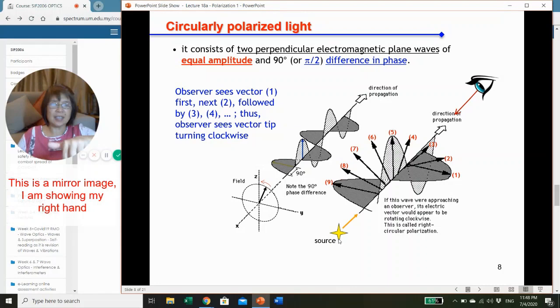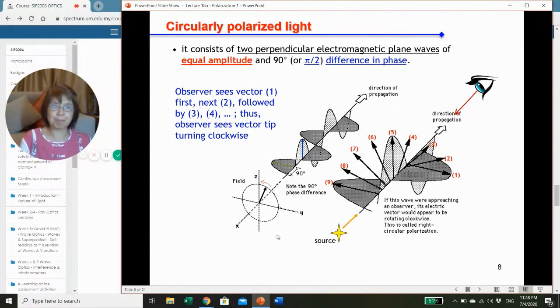You'll find that this tip is actually moving clockwise. So your hand here is moving clockwise. So this is a right-handed circular polarization. It's moving clockwise, yeah.